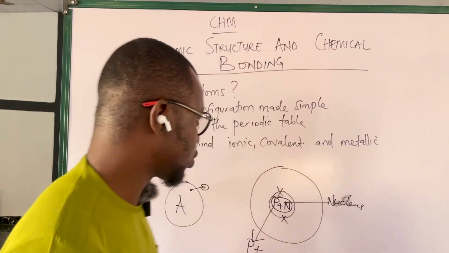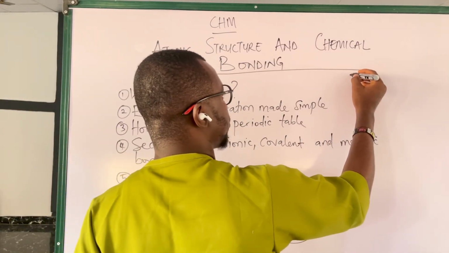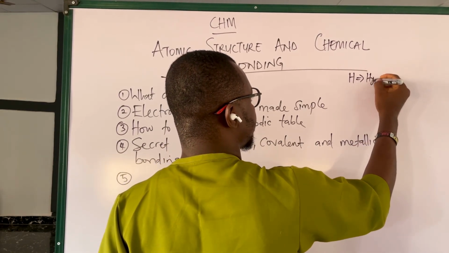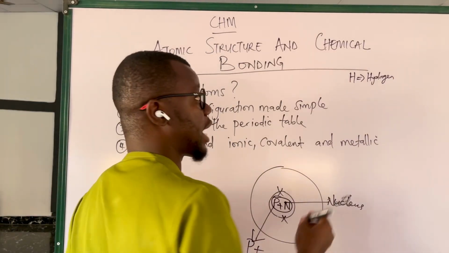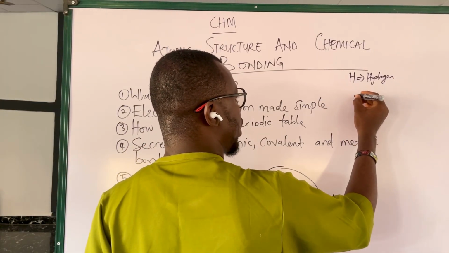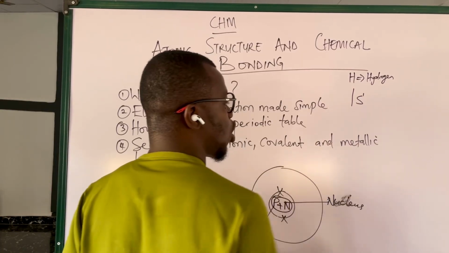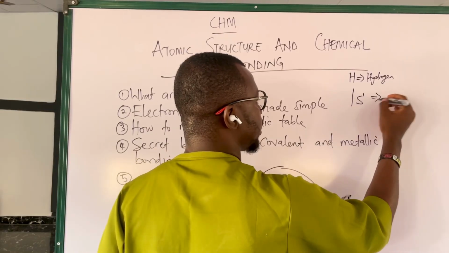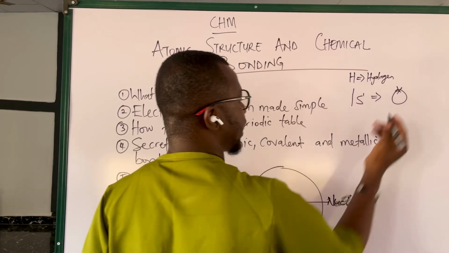Let's say the first element we have is hydrogen. Hydrogen is H. I believe you can see this part of the board, right? Your electronic configuration for hydrogen is 1s1. If you are using the orbital structure, you are going to have your orbital with just 1 electron.